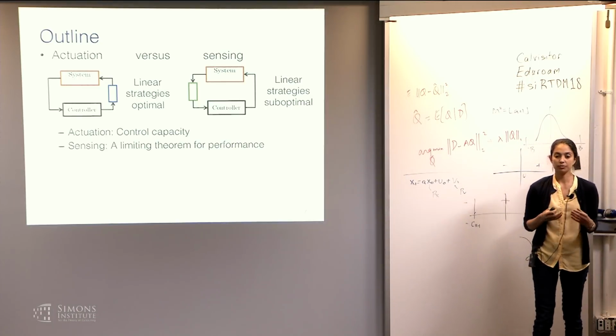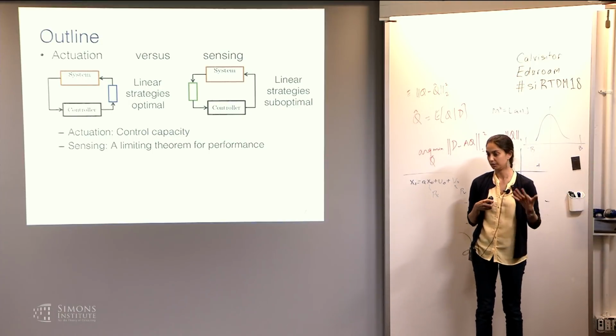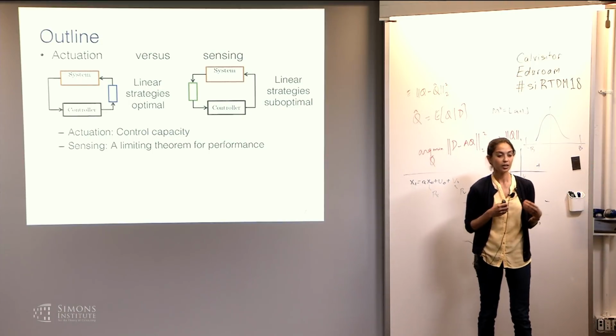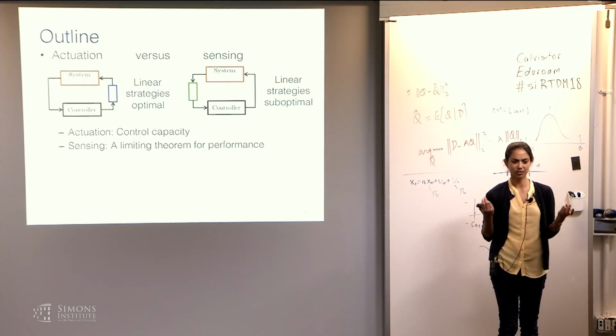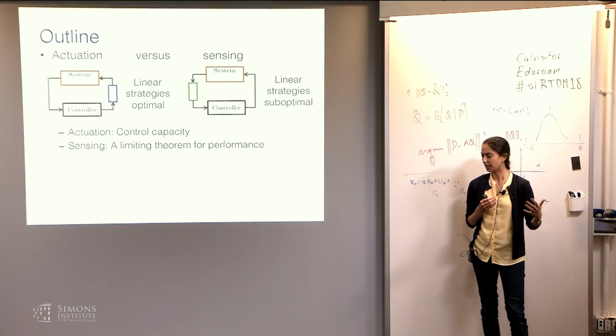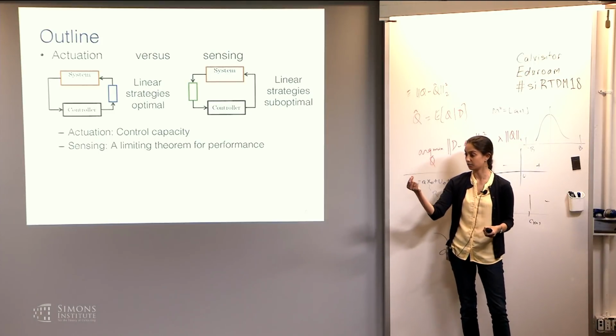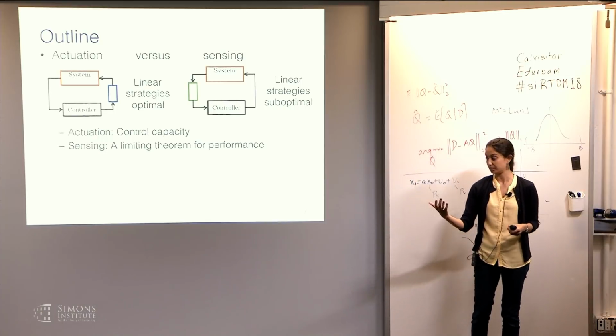And in the process of this, I will talk a little bit about how we can understand this problem on the actuation side and try to understand a fundamental idea of, well, how fast can we actually stabilize a system? Is there a limit that is imposed fundamentally by these uncertainties on our ability to stabilize?